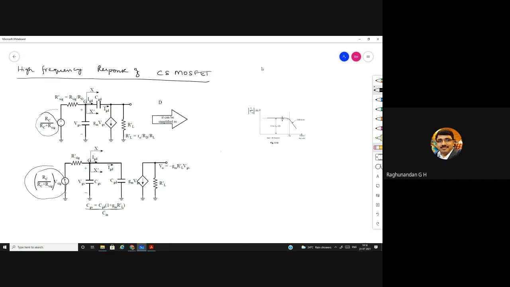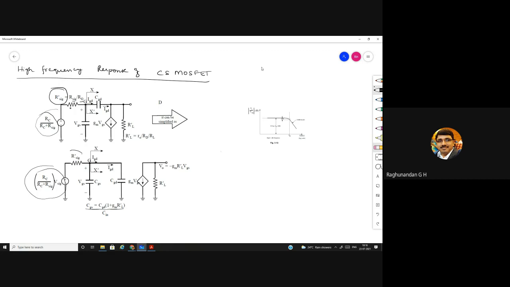Then here, even though we say we are having the R signal or the signal resistance, since it is in touch with the gate resistance, we find the effective signal resistance by considering R signal and RG.